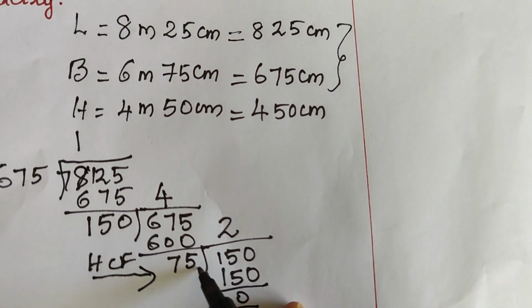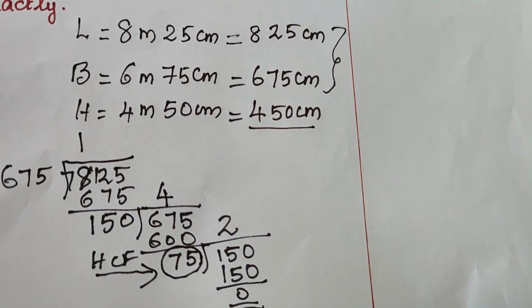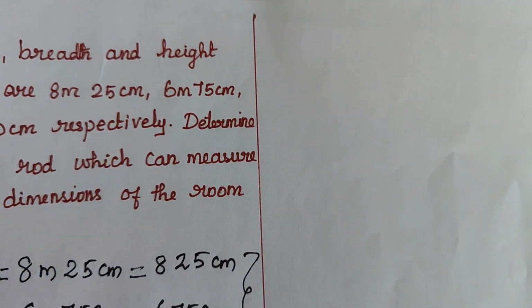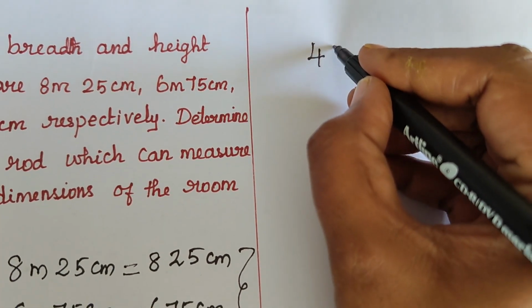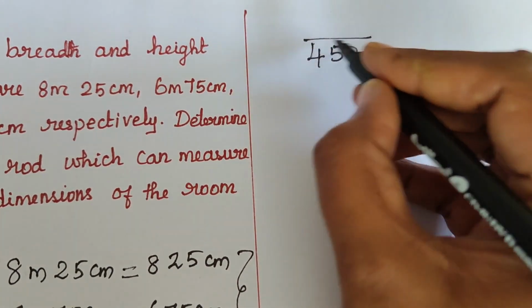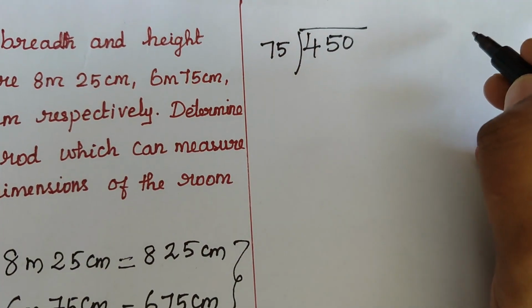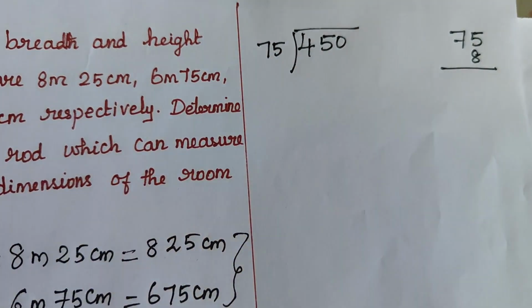Now I will find the HCF of 75 centimeter and 450 centimeter. So I will get 450 centimeter divided by 75 centimeter. 75 into 8?